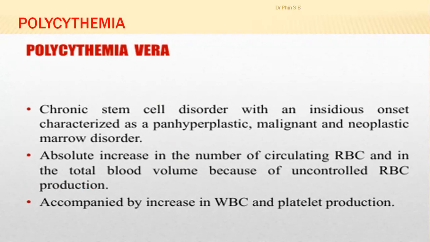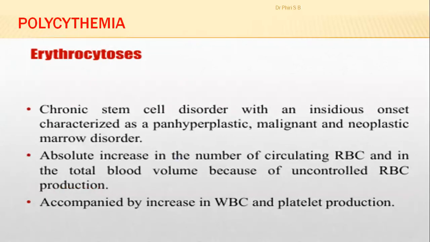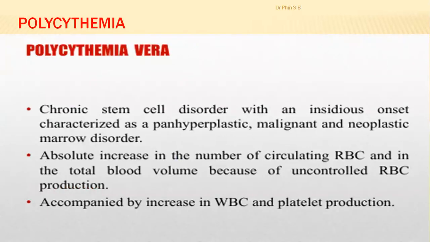So an example of primary polycythemia, like I said, you have polycythemia vera. So this polycythemia vera is an example of primary polycythemia. So what happens in polycythemia vera? So you have chronic stem cell disorder.